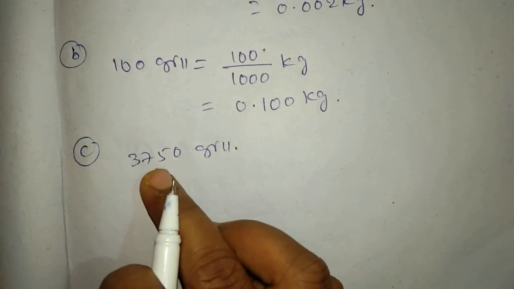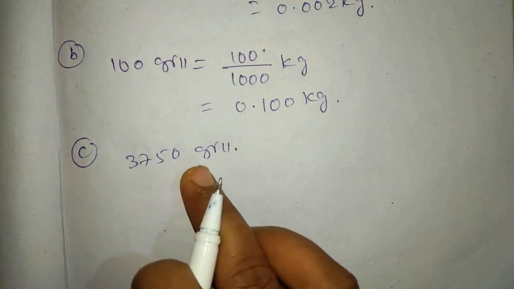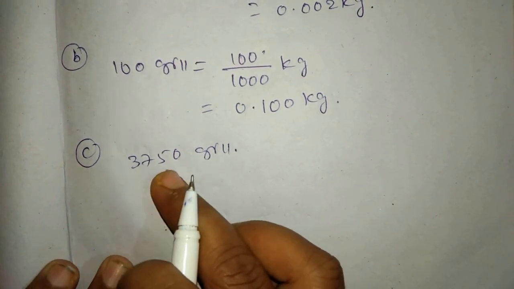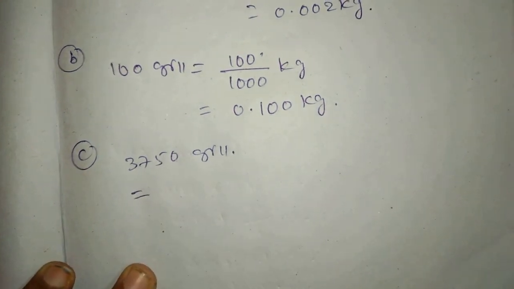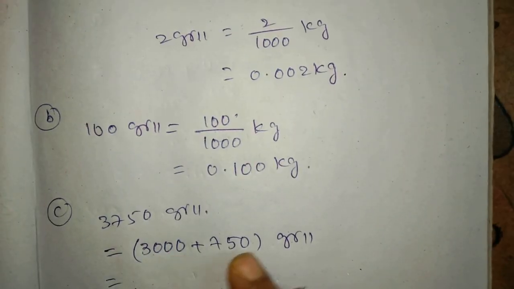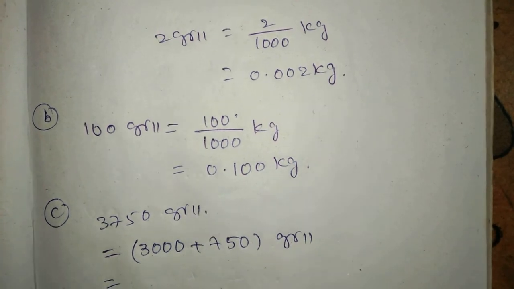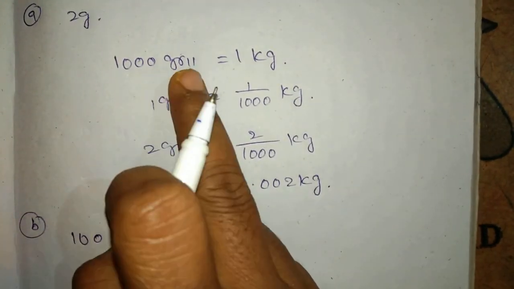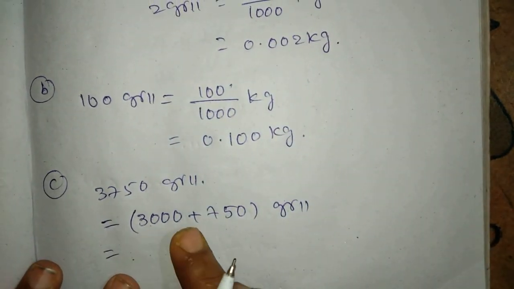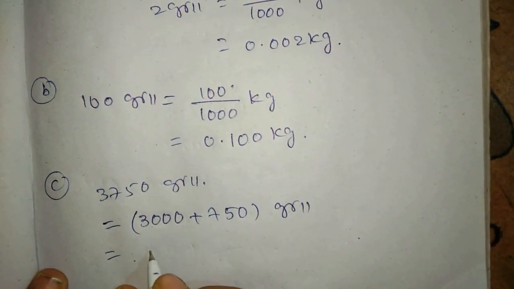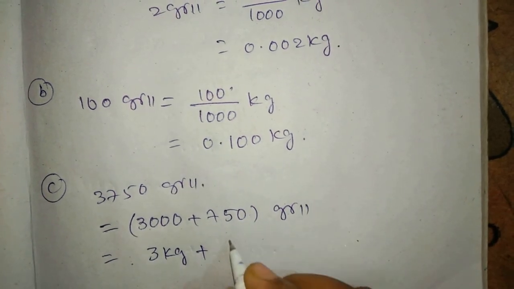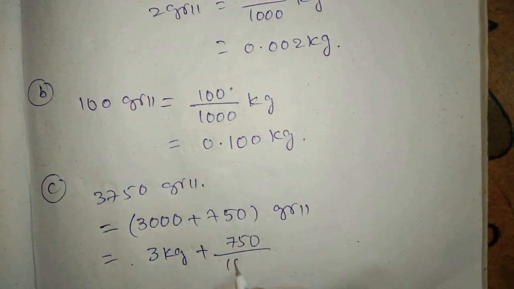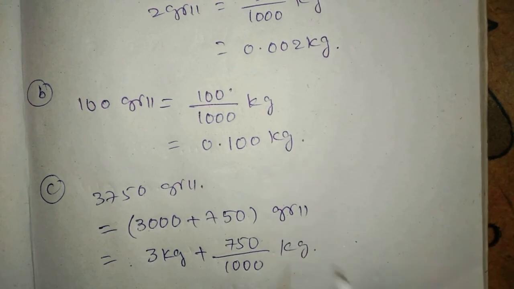Next, 3750 grams. This can be written as 3000 plus 750 grams. As we know that 1000 grams is equal to 1 kg. Here 3000 grams is equal to 3 kg, plus 750 grams is equal to 750 by 1000 kilograms.